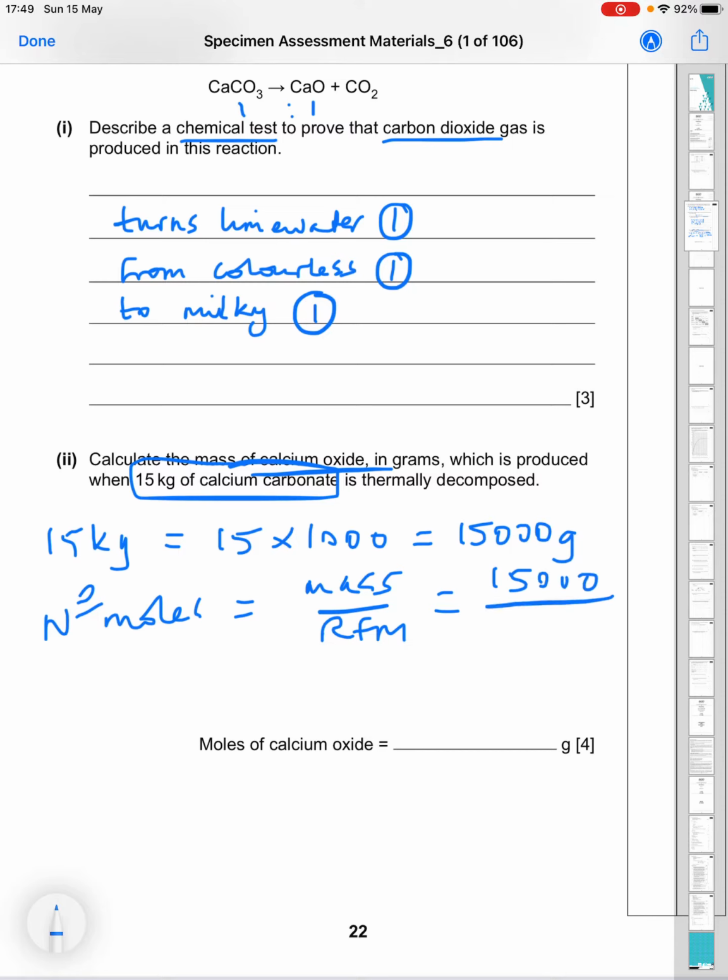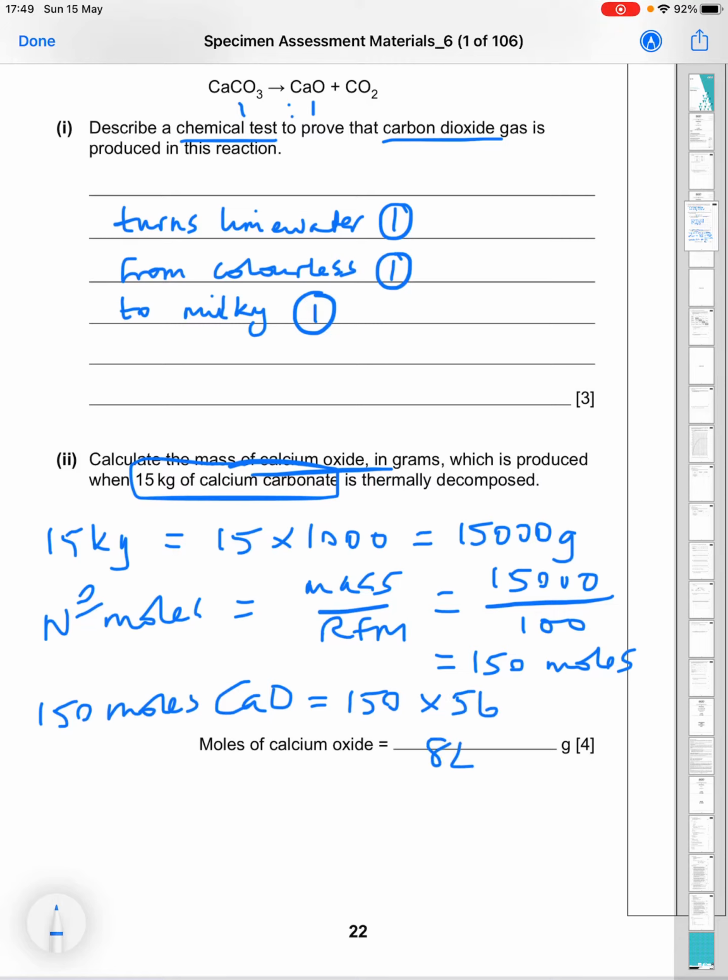The formula mass of calcium carbonate is 100, and so we get 150 moles, and then we have to work out, so 150 moles of CaO is 150 times the formula mass of calcium oxide, 40 for the calcium, 16 for the oxygen, 56. So that gives us 8,400 grams is your answer.